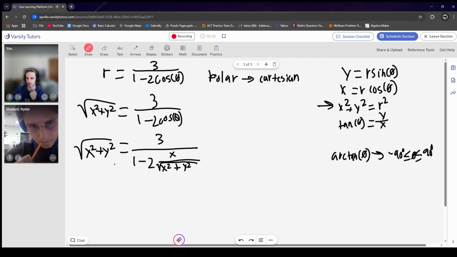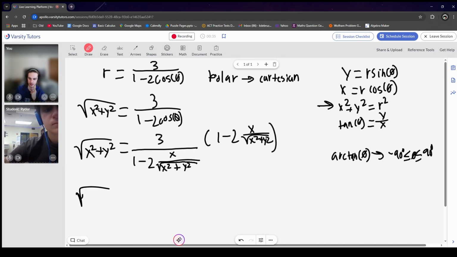We just have to multiply it by everything. Okay. So 1 minus 2x over, so this is square root of x squared plus y squared times, I'm just going to copy this over. Okay. And then at that point, what happens?